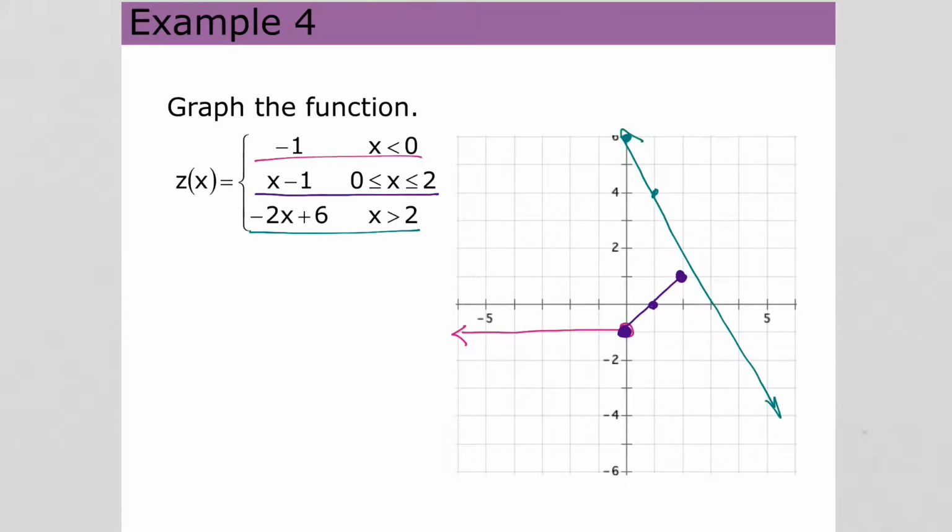There we go. And this part of the function is only defined greater than 2. So I'm going to erase everything to the left of 2 and only leave the part that's greater than 2. And since it's not defined there, we have an open dot. So this is the function of z of x.